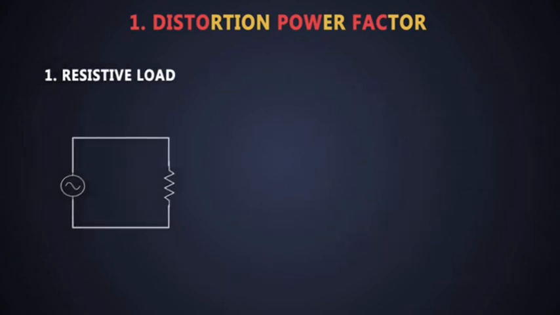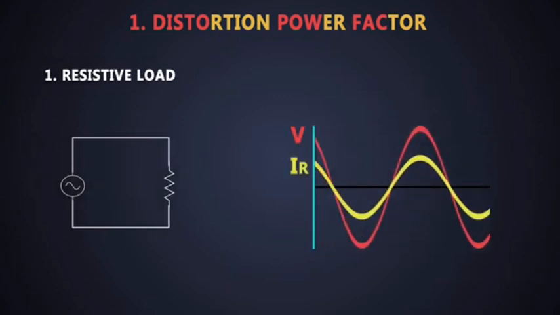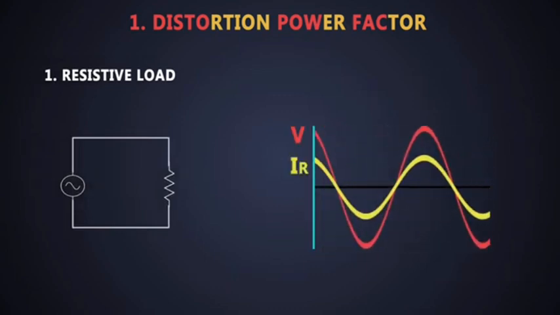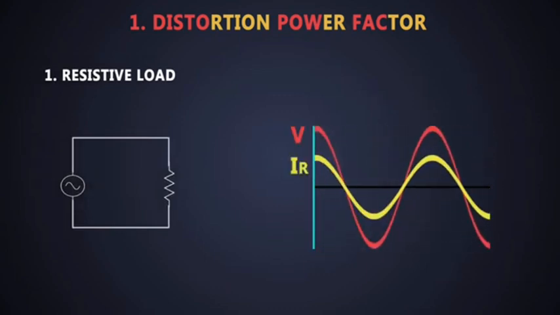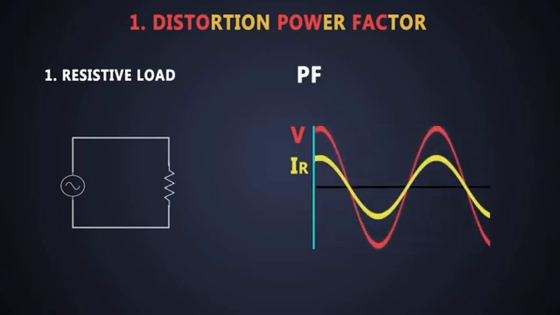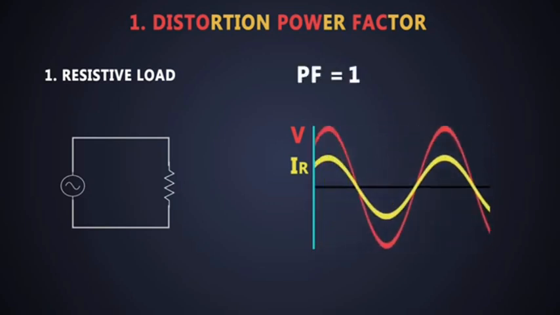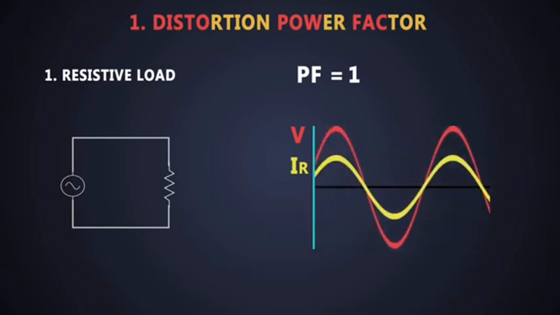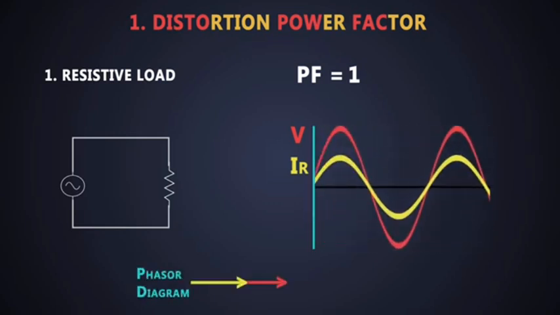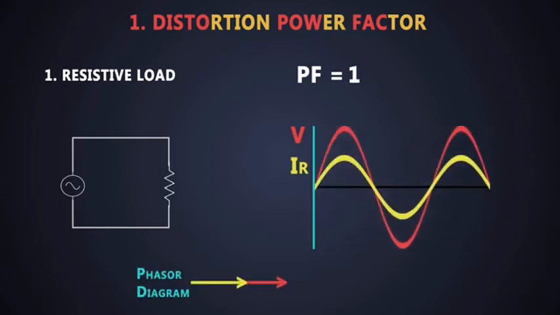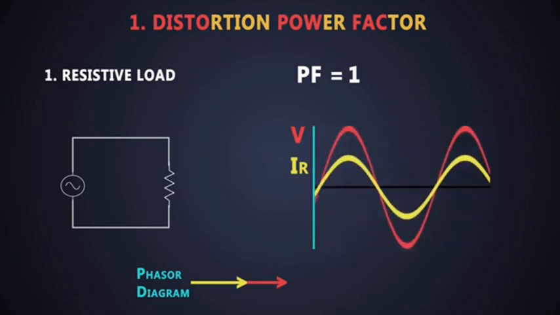If we connect the purely resistive load to an AC power mains, the voltage drop across the resistor and current flowing through it are always in phase. So the power factor of the system is 1. There is no reactive power in this. If you draw the phasor diagram of this system, both voltage and current are in the same direction.